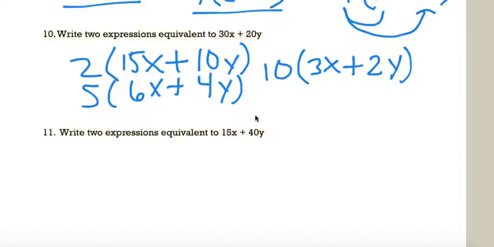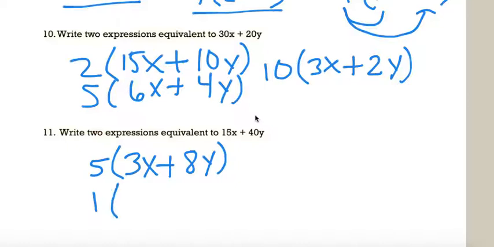So I'm going to pull out 5. 5 goes into 15 3 times, so you have 3x, and 5 goes into 40 8 times, so you have 8y. The only other one that can go into both of them is 1, which is kind of strange to use, but that's the only other one we can do. So we pull out 1. 1 goes into 15 15 times, so we have 15x, and 1 goes into 40 40 times, so we have 40y. And that's the only other one you can do.